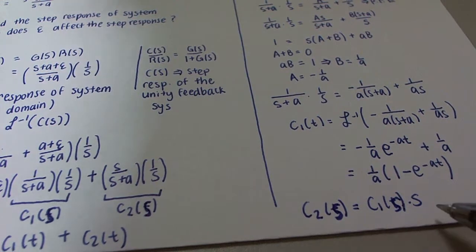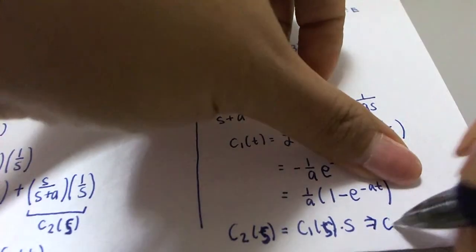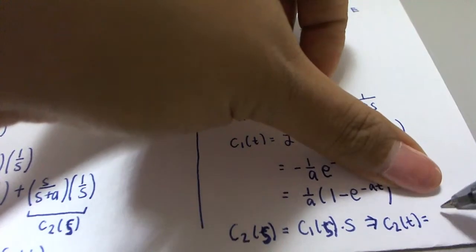And we know that multiplication with s in the Laplace domain corresponds to differentiation in the time domain. So what we can do now is C2 of t equals d/dt of C1 of t.